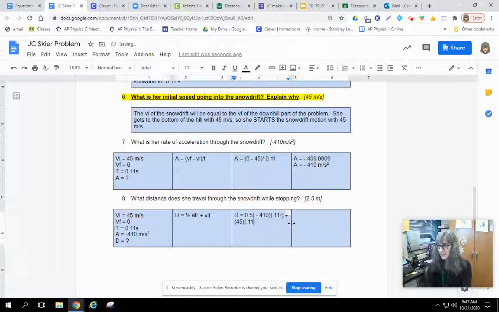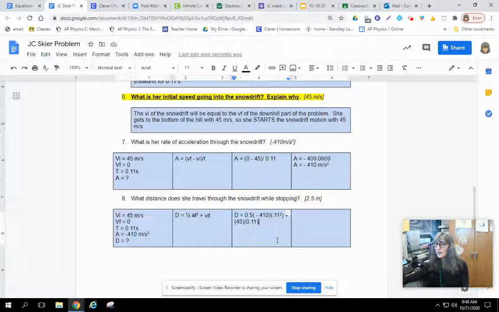It's equal to 45, so we absolutely need to have that term in there. So we have 0.5 times negative 410 times 0.11 squared plus 45 times 0.11. That was 1/2 a, my t, and that's squared. My vi, the 45, and then t again. A lot of people miss that last t, but that last t is important.